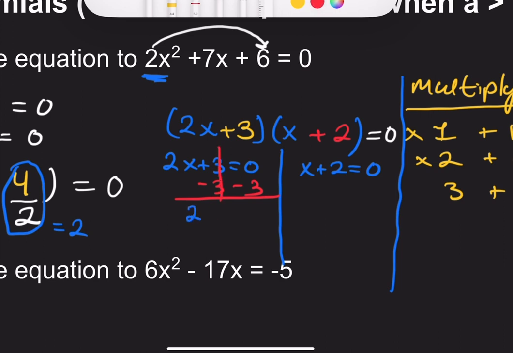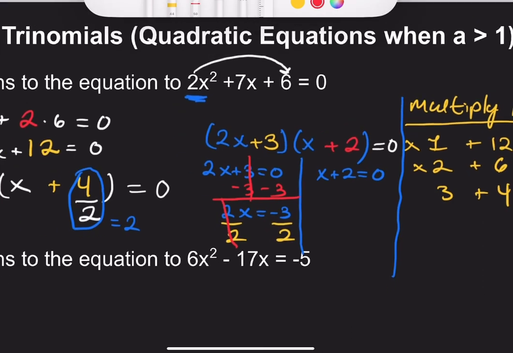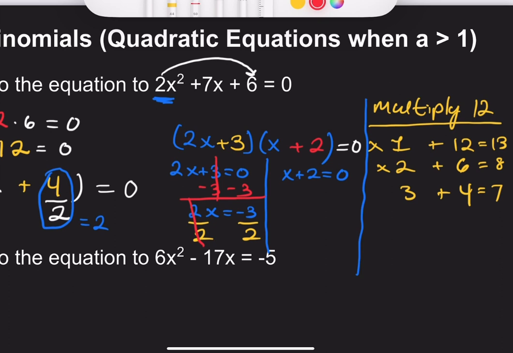We have 2x equals negative 3. Divide both sides by 2 to get x by itself. The 2's cancel each other out. Simplify, rather. And our first solution to this equation is negative 3/2.